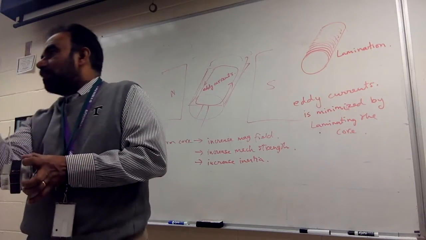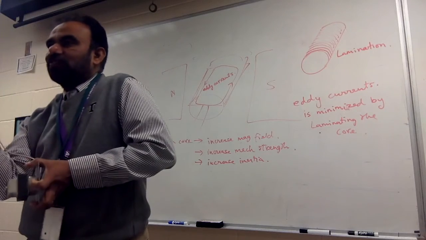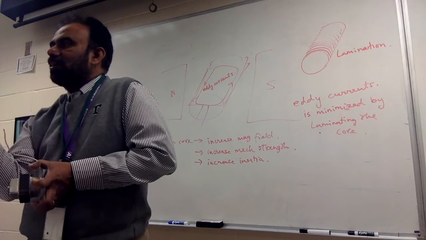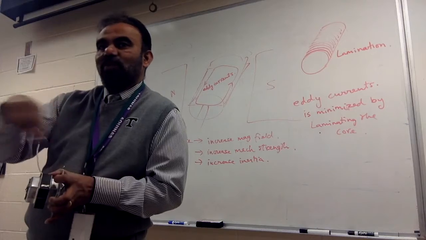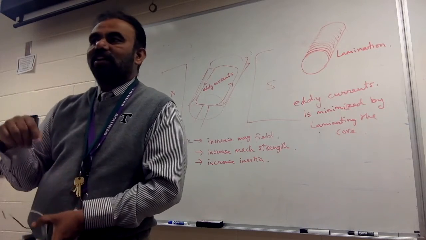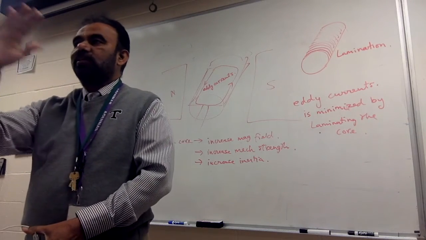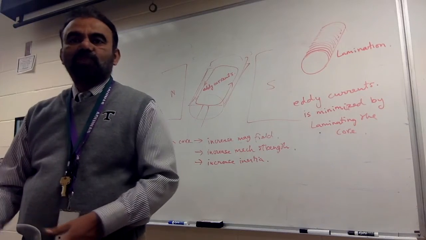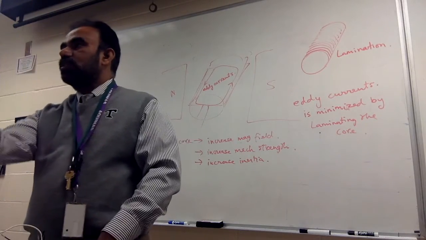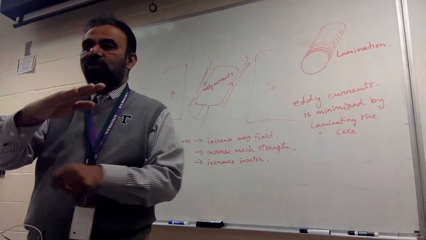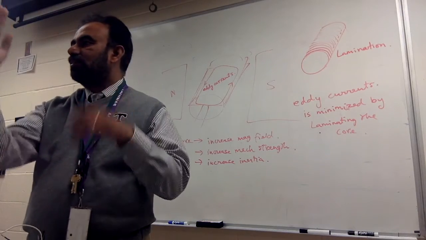So as soon as it swings past, it tries to kind of slow down or bring it back. And then when it swings this way, the current is flowing the opposite direction. So the eddy current will make sure that this suppression is established. So with the solid core, as soon as you turn 1 ampere on, it will go like, that's it, done.